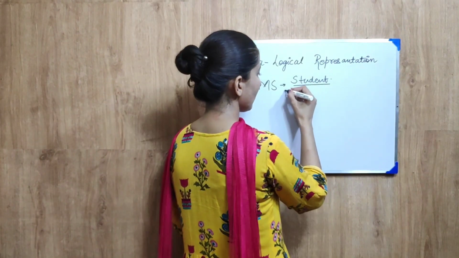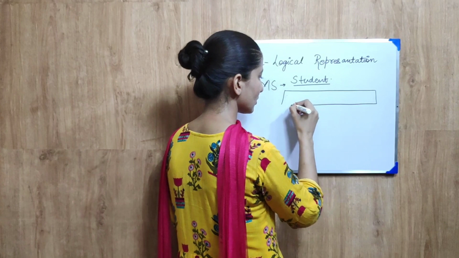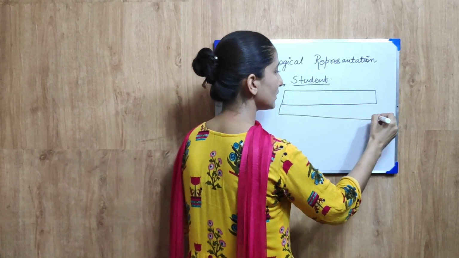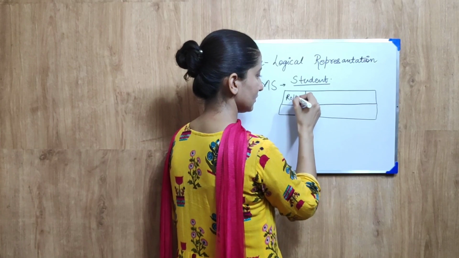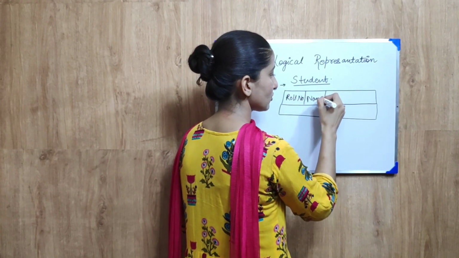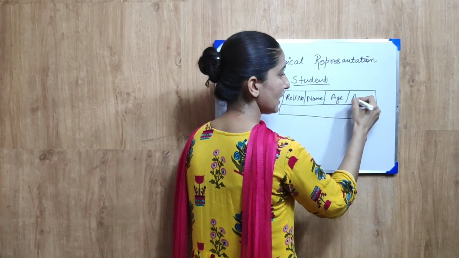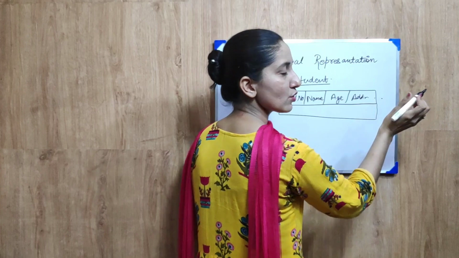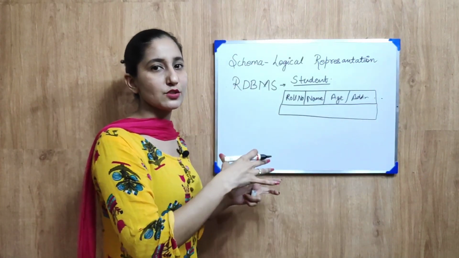For a student we can have the roll number, name, age, maybe the address, and the list goes on. So there can be multiple attributes that define a student.